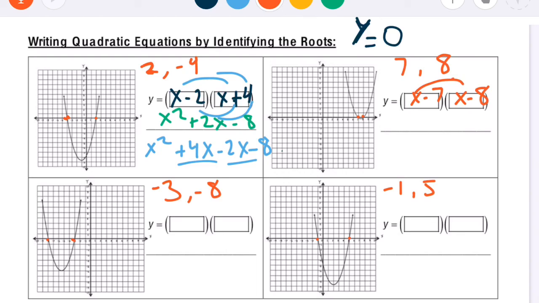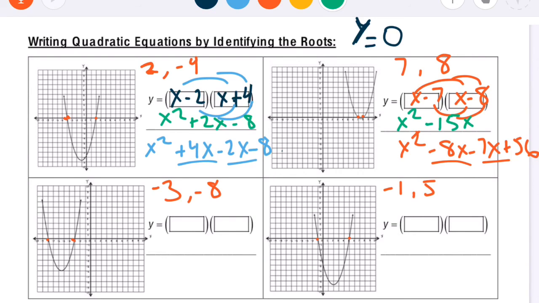So to figure out what the equation for the quadratic is, we can FOIL it. So when we combine like terms, we get x squared minus 15x plus 56.